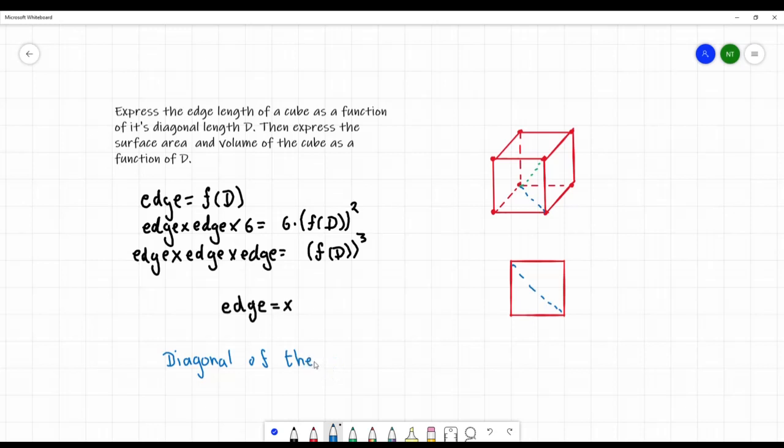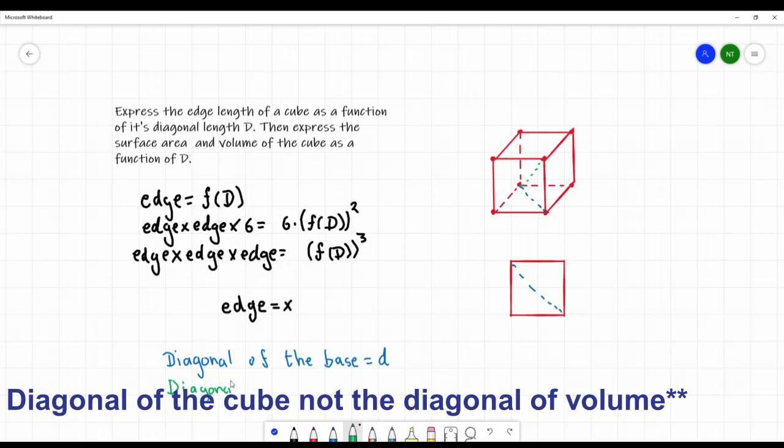Diagonal of the base, which just happens to be a square, and we'll call that D. And then we're going to use D and find the diagonal of the volume. We'll call it D, capital D.